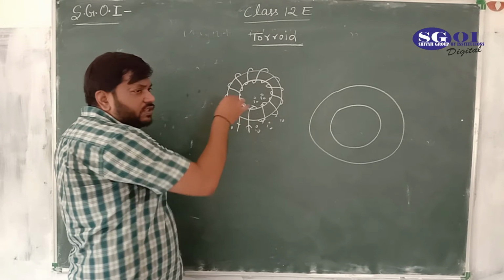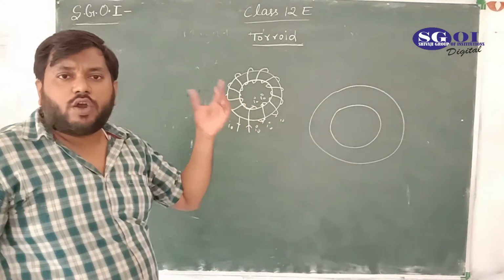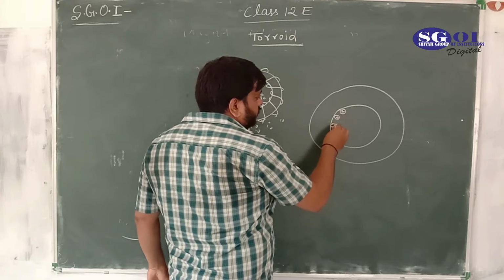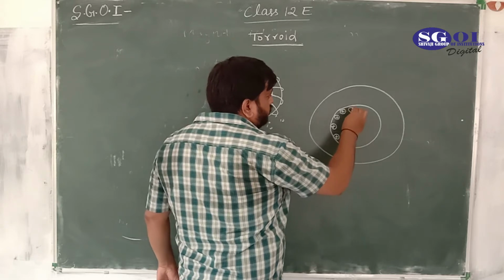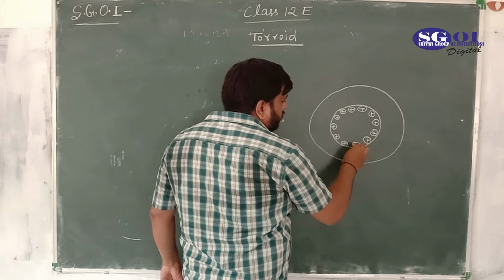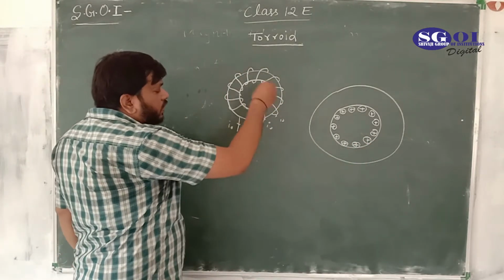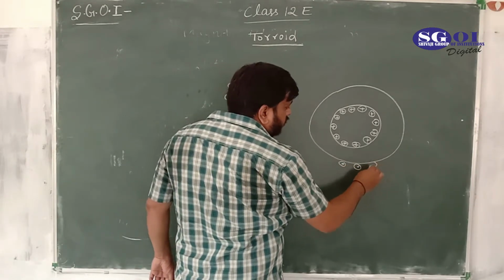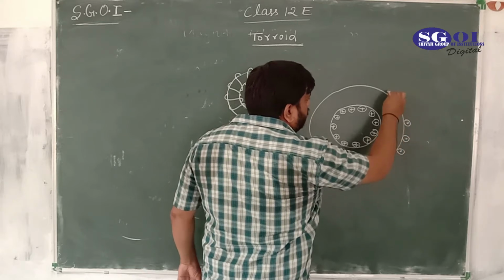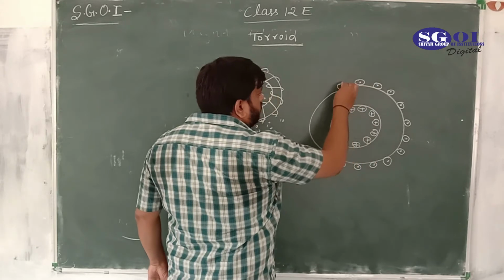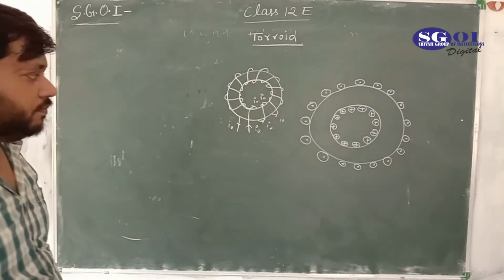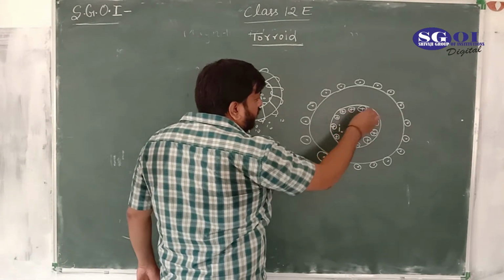For these parts where the current is going inward into the blackboard, and from this part current is coming out of the blackboard, this part is represented as plus, this direction is represented as this, and for the outer parts it is a dot. So this is I naught, I naught, I naught, I naught entering, I naught coming out.